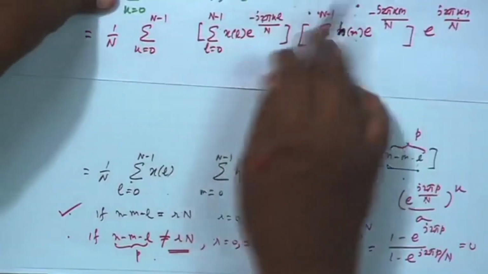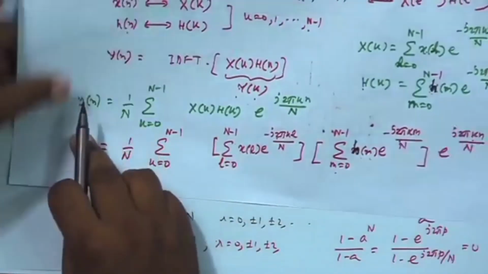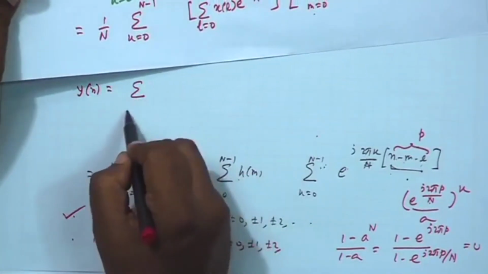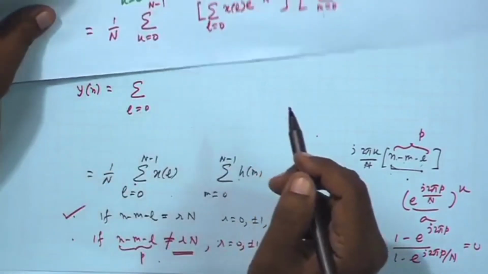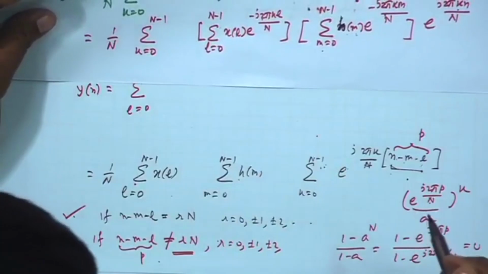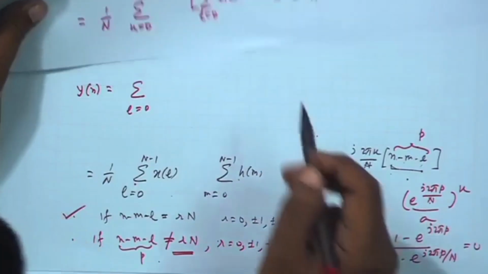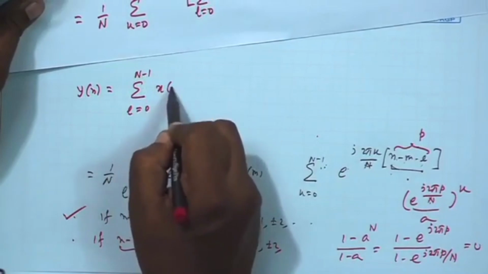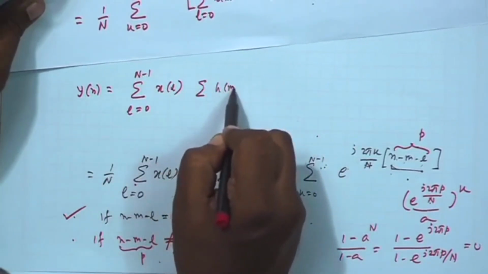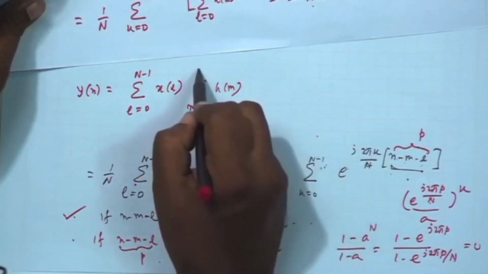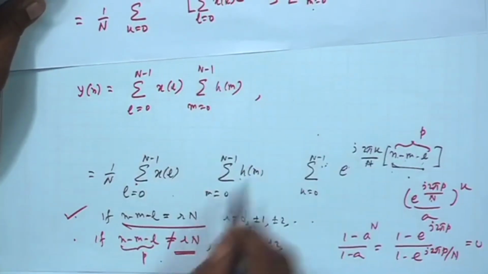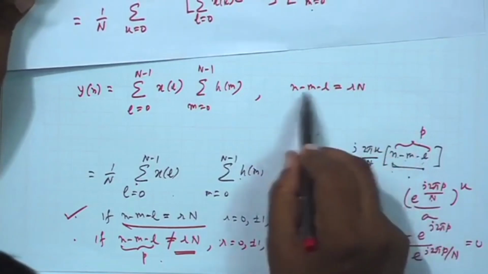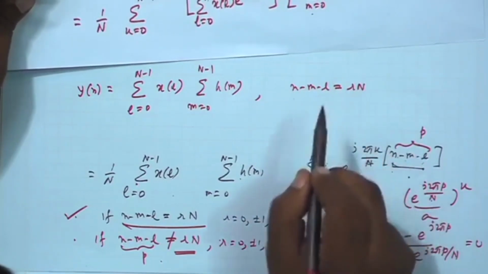That means y n is given by this part, with this condition: r into n, where r is either 0 or n or 2n or minus n, minus 2n.